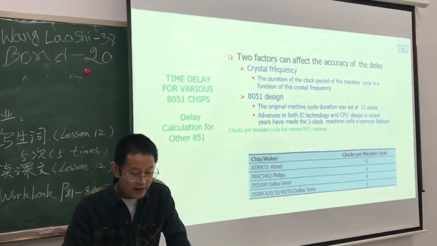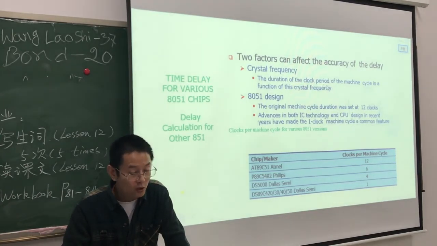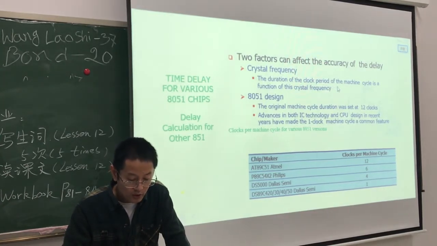Two factors can affect the accuracy of the delay. Crystal frequency: the duration of the clock period of the machine cycle is a function of this crystal frequency.